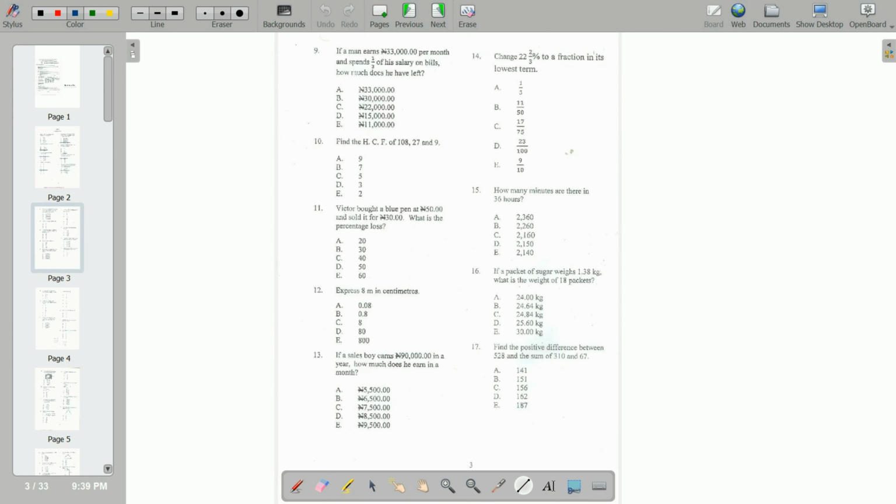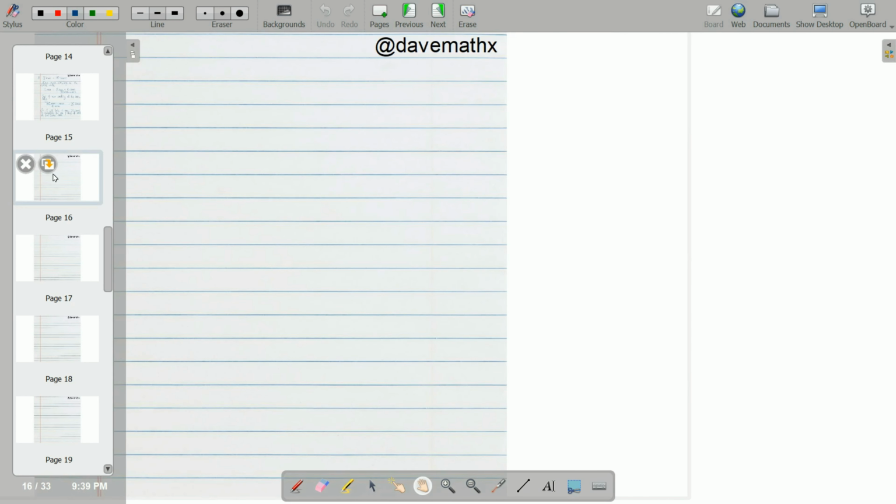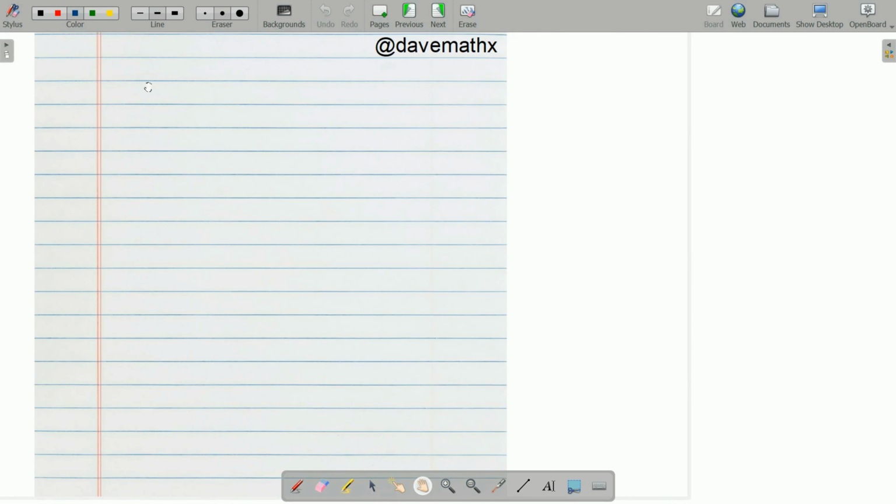Question 9 states that if a man earns 33,000 naira per month and spends 1/3 of his salary on bills, how much does he have left? The man's total amount is 33,000 naira.